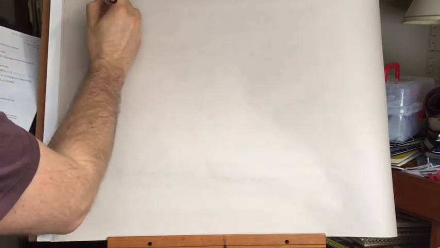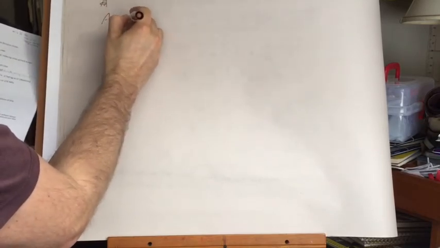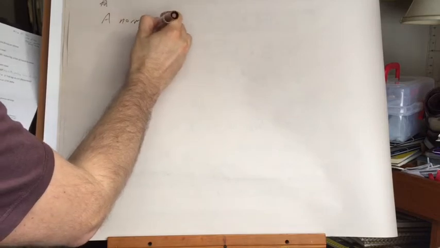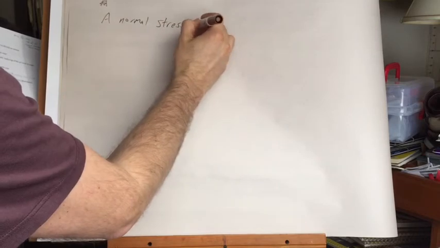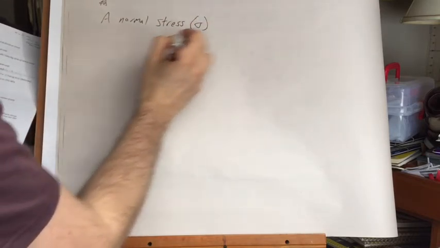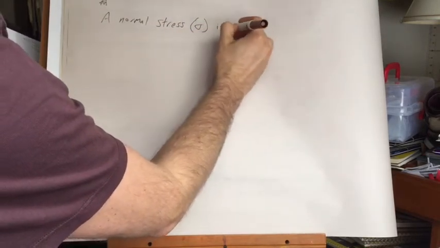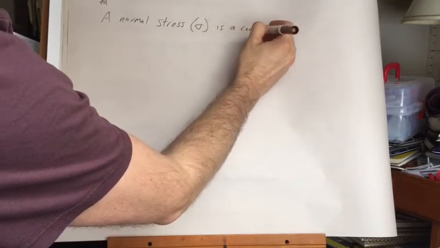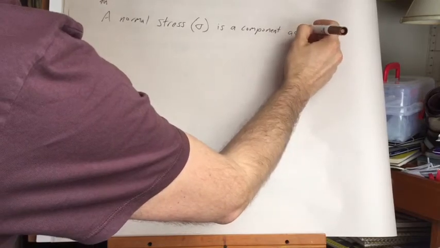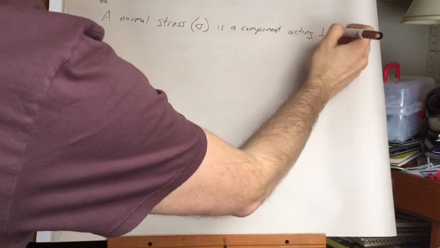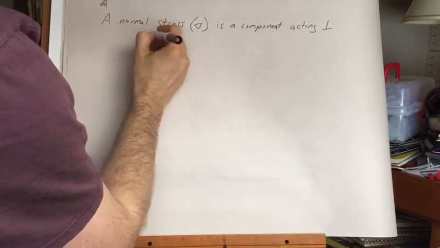One way to think about this is the difference between what we could call normal stress and shear stress. Normal stress, which we're going to abbreviate with sigma, is a component acting perpendicular to a surface.